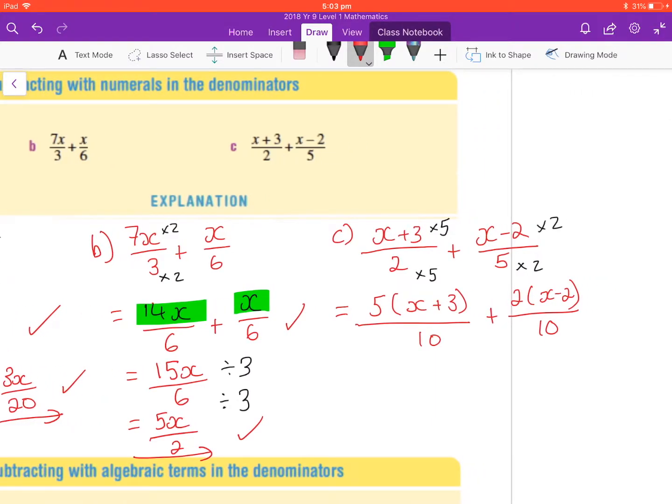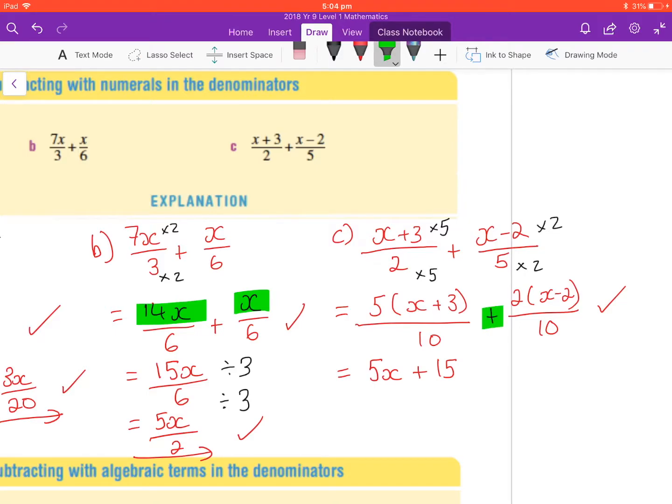Brilliant. Give yourself a tick if you get that first line in. Now, I'm going to write everything in one line, and it's going to help me to do this properly. The 5 goes into the bracket and times everything. So 5 times x gets me 5x, 5 times 3 gets me 15. Then, be careful.